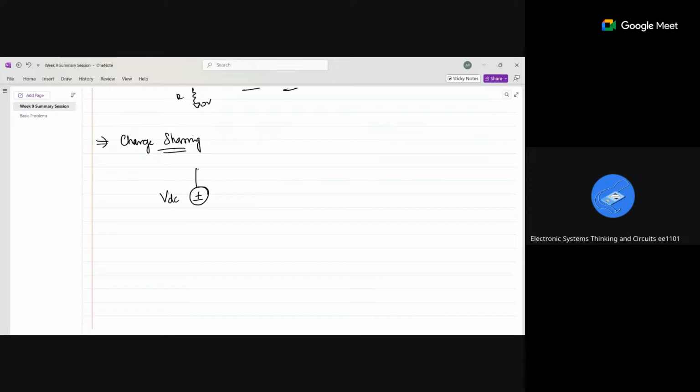If this is VDC and there is a switch here, so there are 2 switches and 2 capacitors.